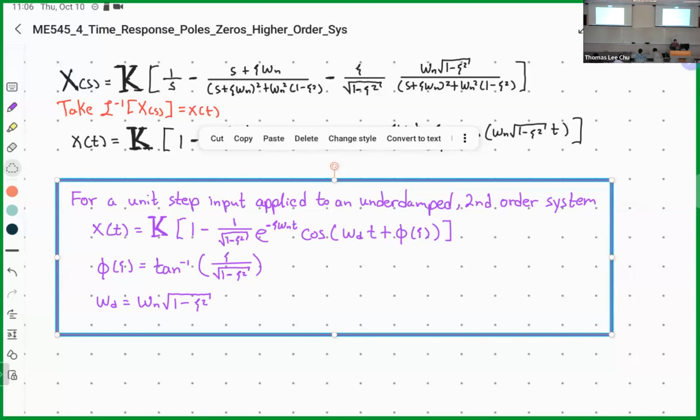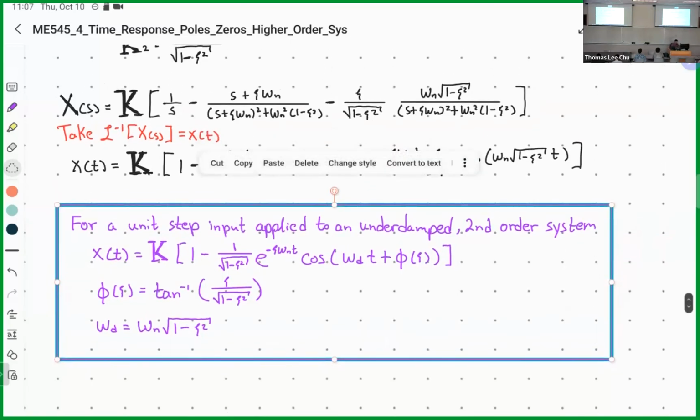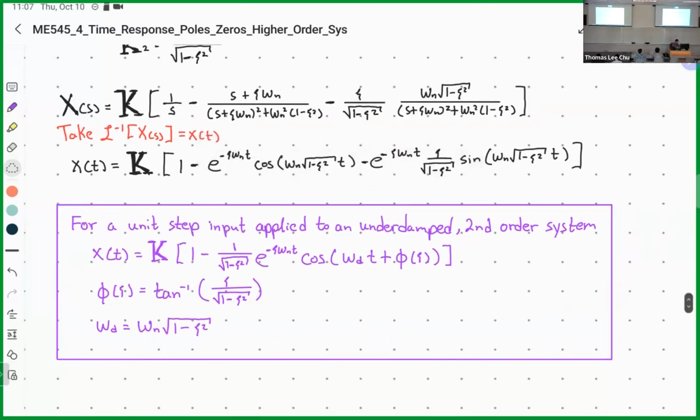If I said this is a step input with a magnitude of 2, then it's just going to be 2 times K times this whole thing, because the Laplace transform and inverse Laplace transform are linear operations, so you can pull constants out. The book ignores the K part, so the K is my contribution to this class. Any questions?